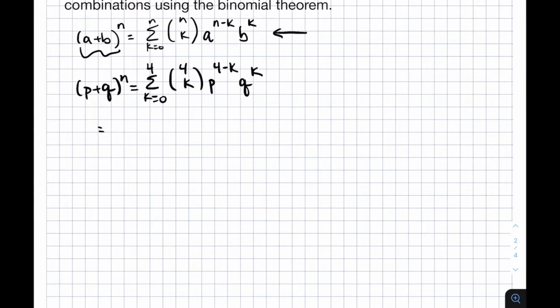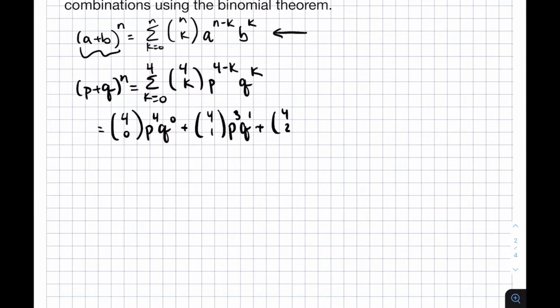If we solve this, we start with 4 choose 0, p to the 4, q to the 0. And then we just continue expanding the entire expression until k is equal to 4.